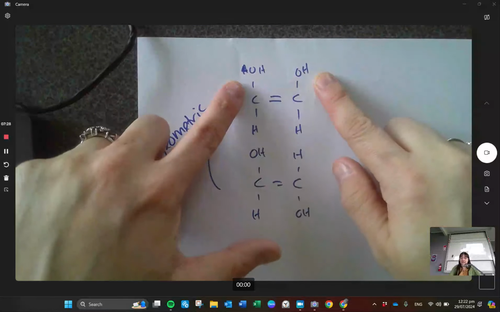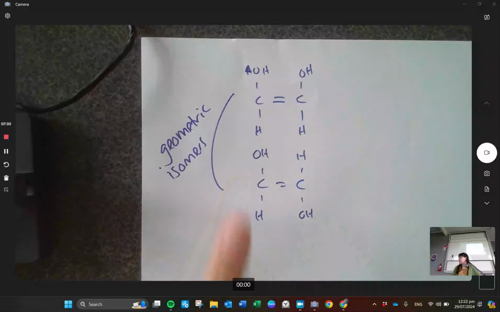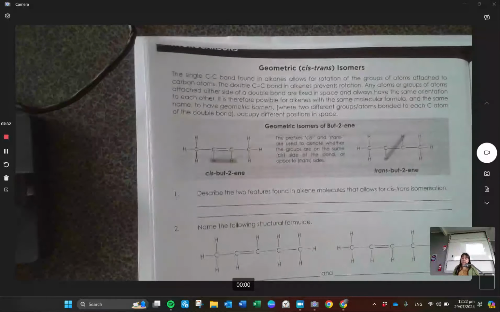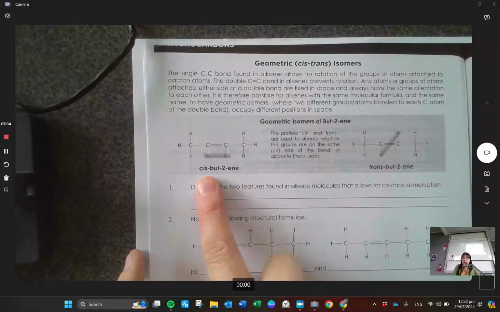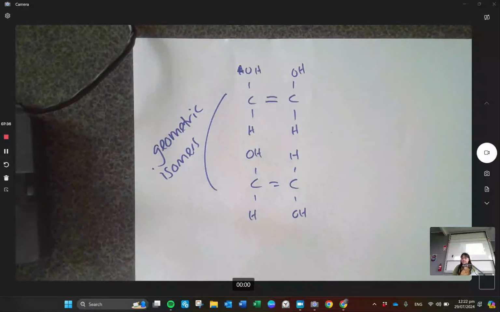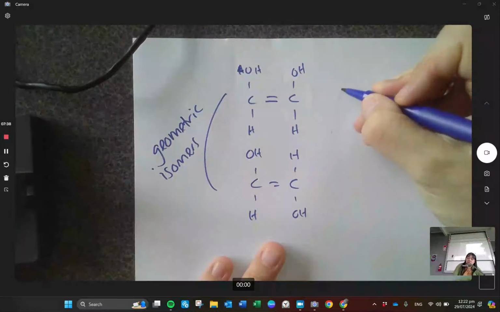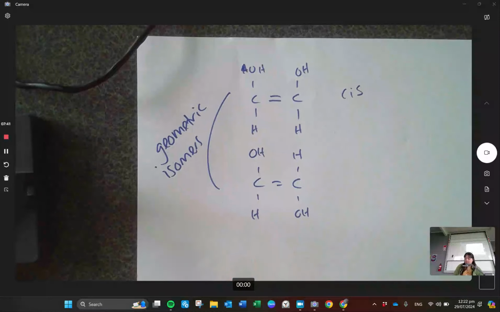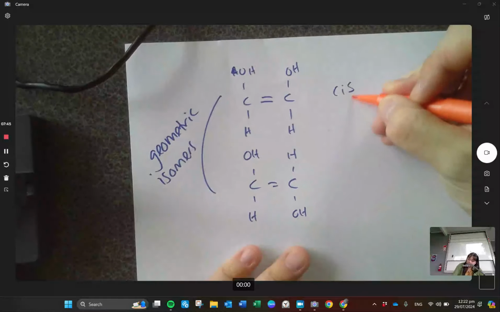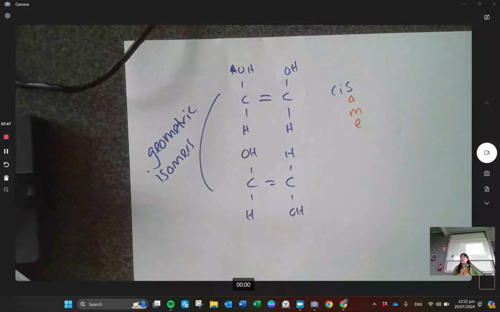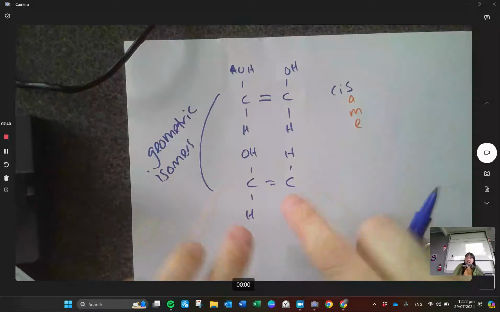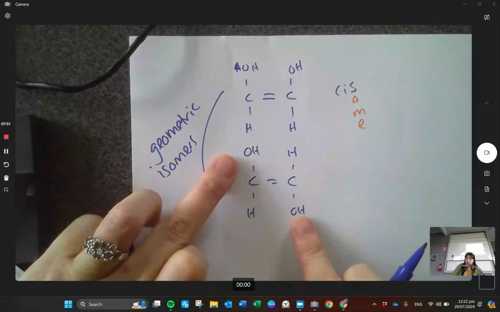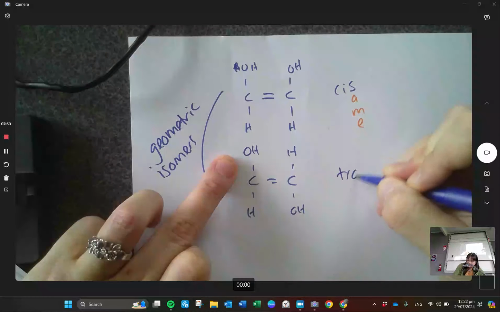So these are on the same side, these are on opposite sides. And with the pre-learning you guys were doing, you learned that if they were on the same side, we call them cis. So this orientation is known as cis. The way I like to remember is cis, same. You also hear, oh, cis, same. And then this one here, opposite side, so that's trans.